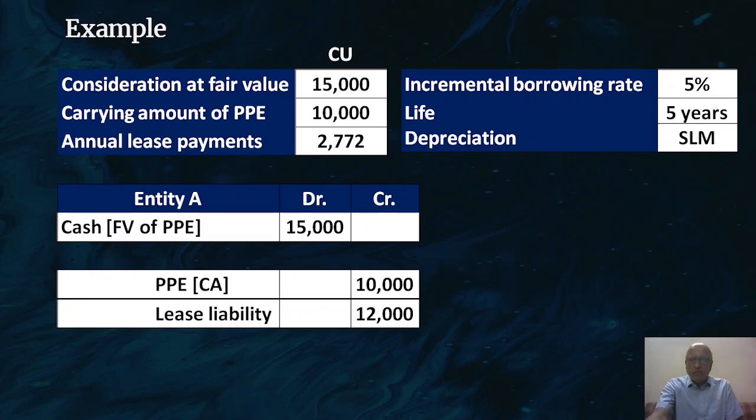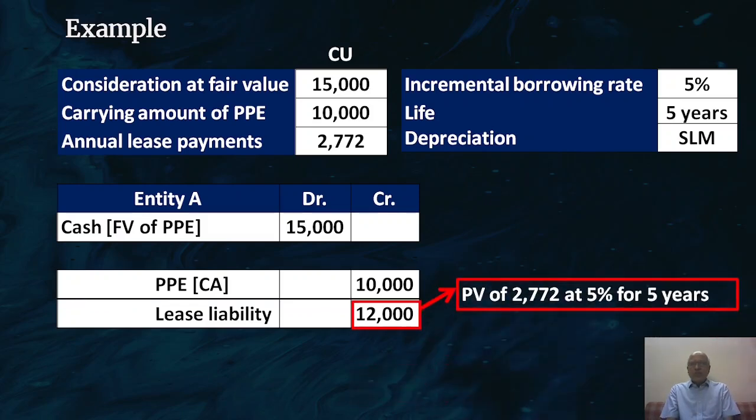How do you get 12,000 rupees? 2,772 is the equal annual lease payment for 5 years and the discount rate is 5%. That comes to 12,000 rupees.